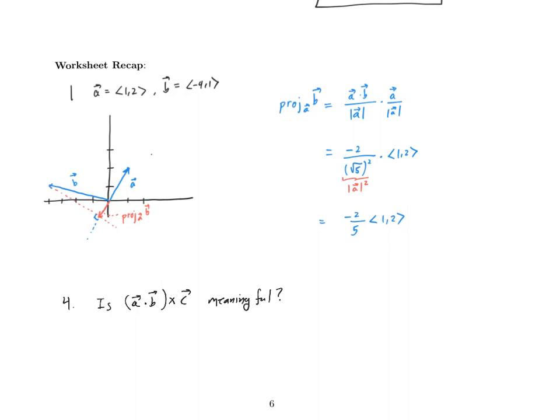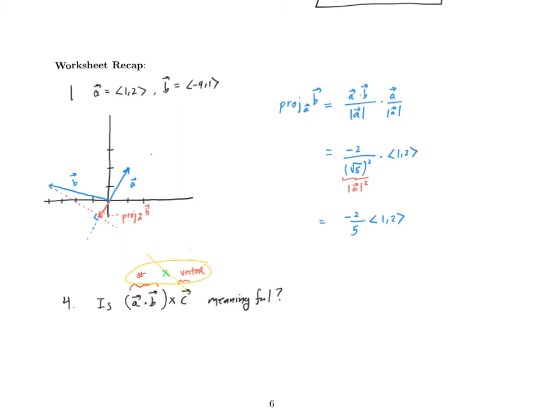So let's just think about our quantities. C, not surprisingly with that arrow over it, is a vector. Whereas A dotted with B, the dot product of two vectors, is a number. And there is no meaningful way for us to take a number crossed with a vector.